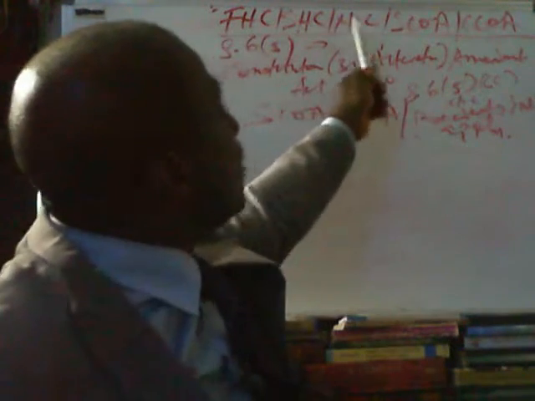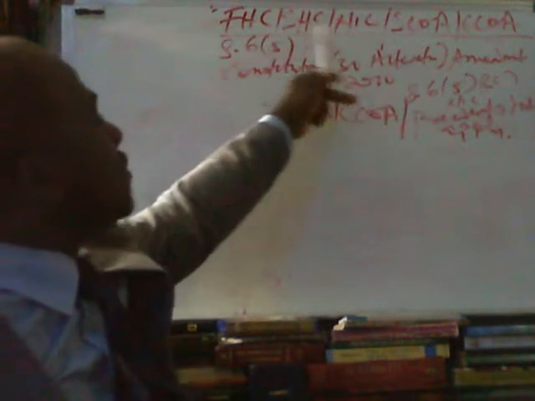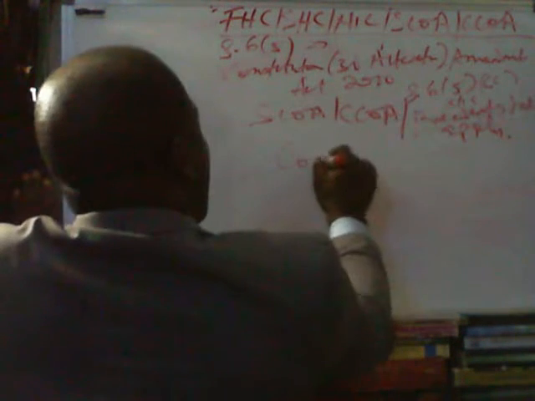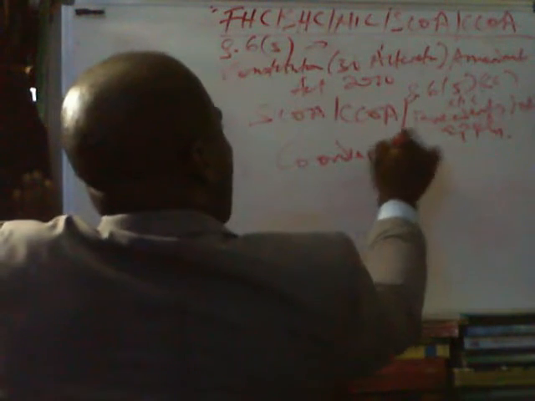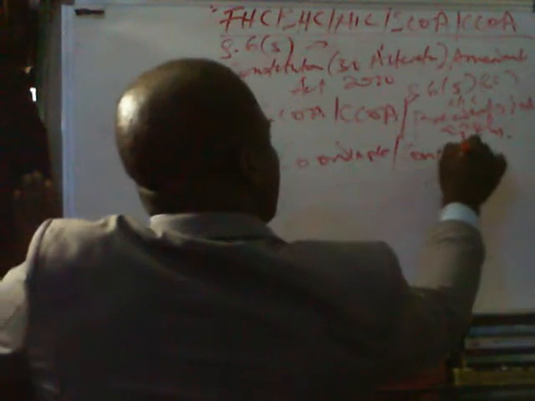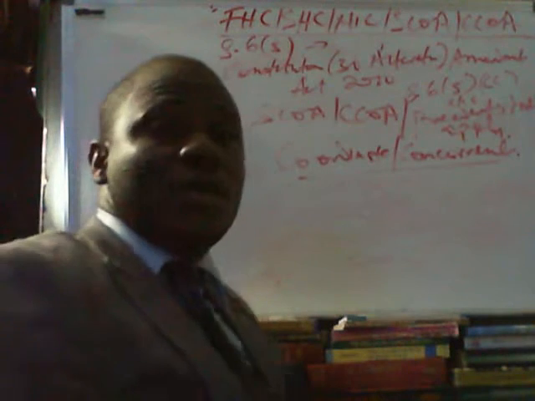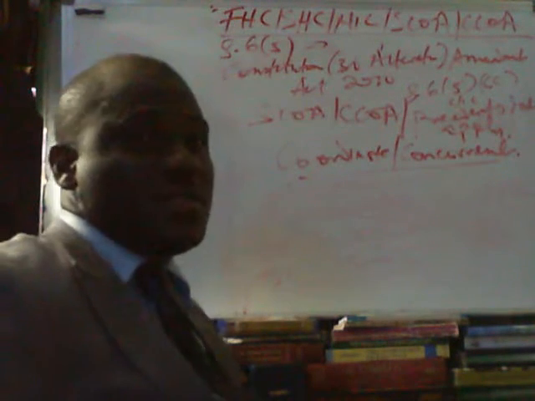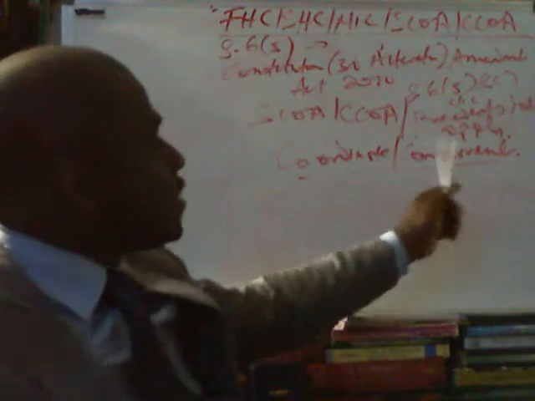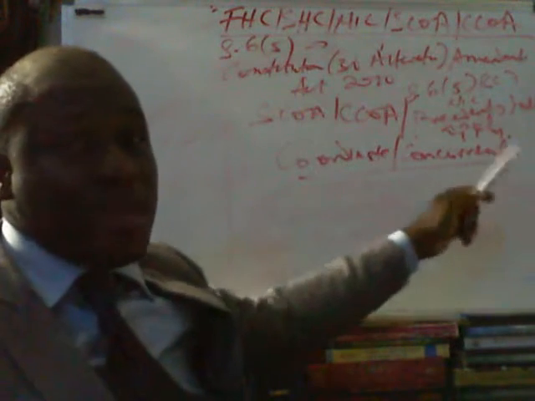Now, for the Federal High Court, the State High Court, and the National Industrial Court, these courts are basically courts of coordinate or concurrent jurisdiction. And the law as it relates to precedents is that courts of coordinate or concurrent jurisdiction don't bind themselves.